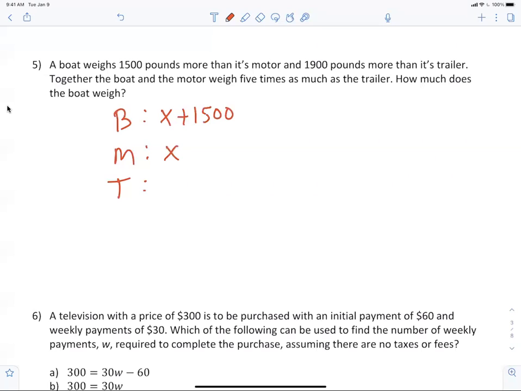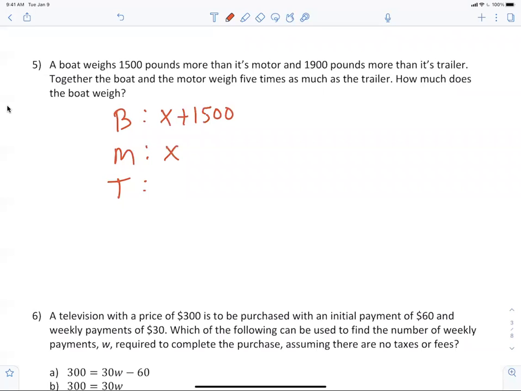Now, the boat also weighs 1,900 pounds more than the trailer, but I already have the boat defined as X plus 1,500. So what would that be? If the boat is 1,900 more, then the trailer would be 1,900 what?